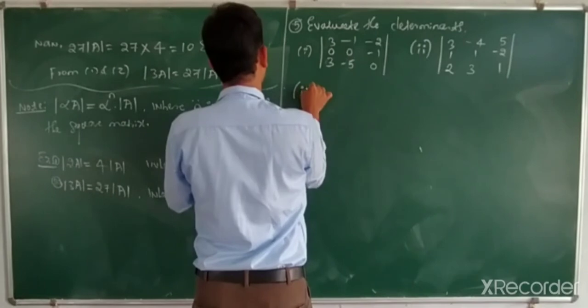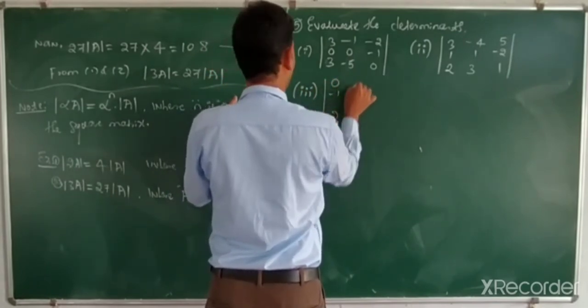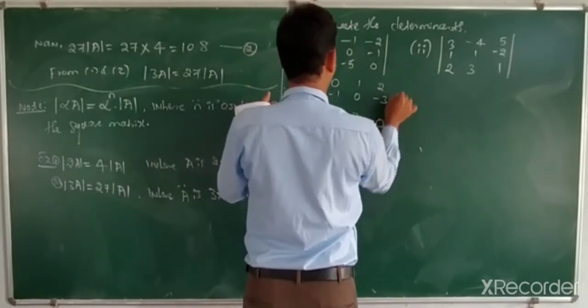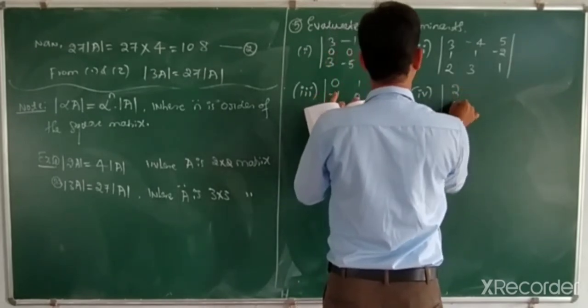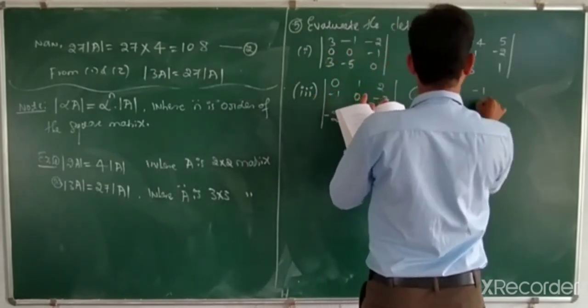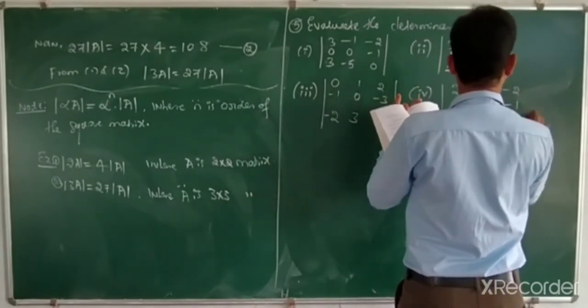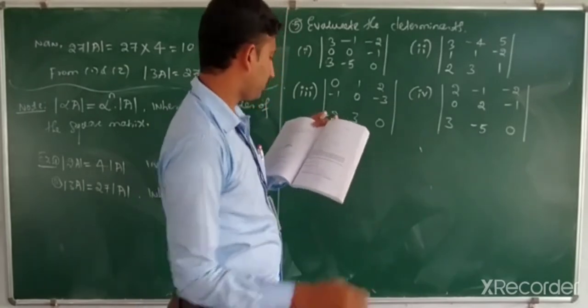Third one, 0 minus 1 minus 2, 1 0 3, 2 minus 3 0. Fourth one, 2 0 3, minus 1 2 minus 5, minus 2 minus 1 0.